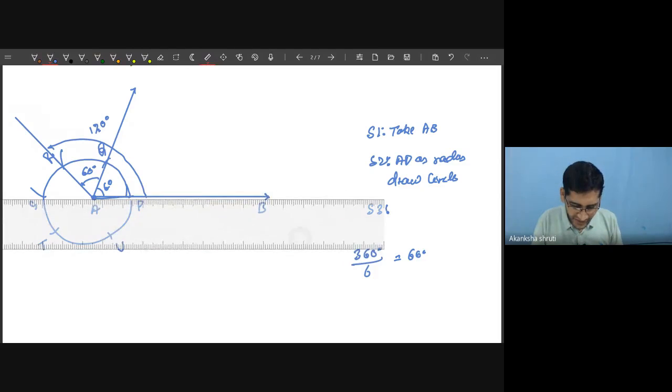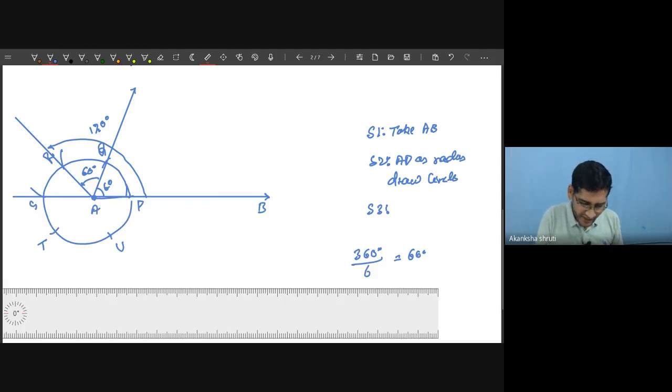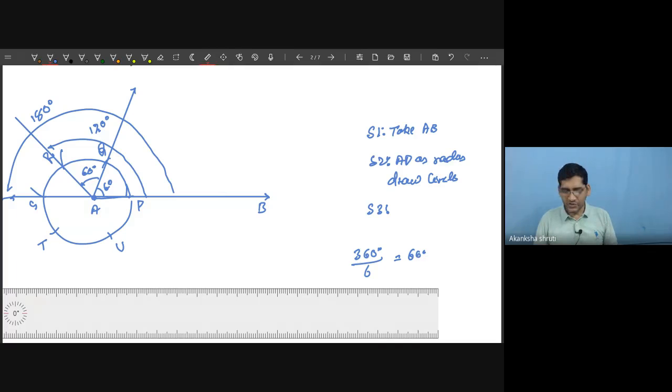Again, if you extend this, means join this AB or A with the S, you can observe that it will fall on the straight line, and this much angle starting from here going to here will be your 180 degree. Is it okay? So this way you can observe the different angles.